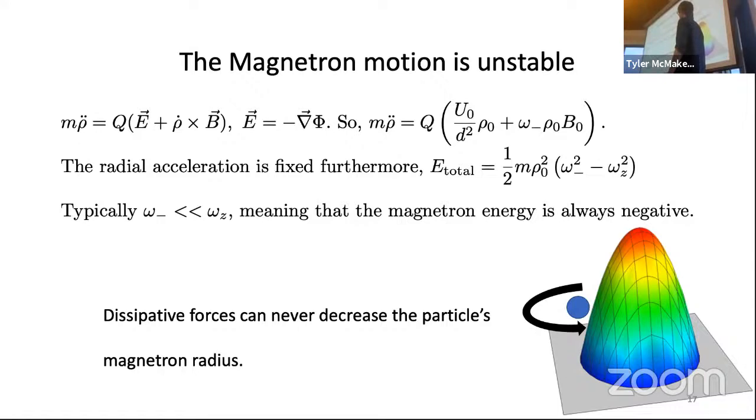Essentially, anytime this particle interacts with, say, background gas, like runs into some neutral in the trap, that's on average just going to cause it to increase its magnetron radius. So this is an inherently unstable motion. Luckily, though, you can isolate the system well enough that you can trap a single ion for days or weeks. So it might seem like an issue at first.